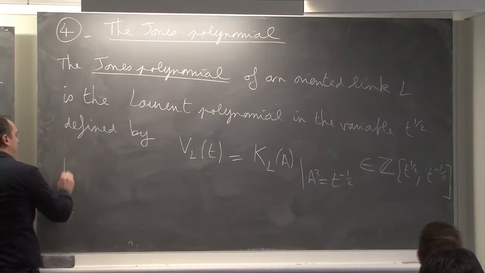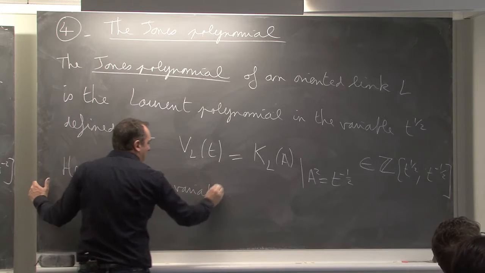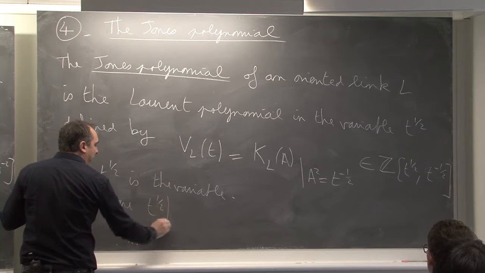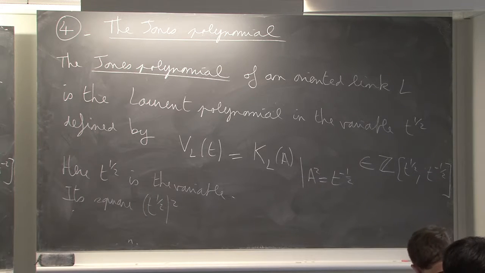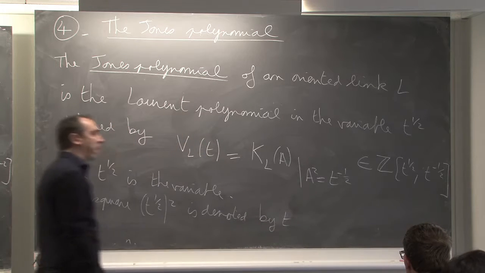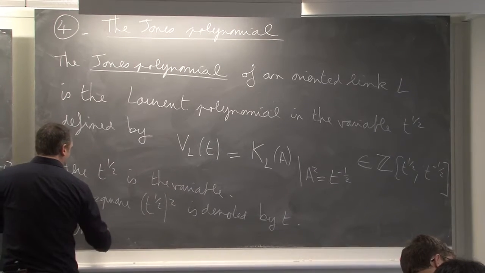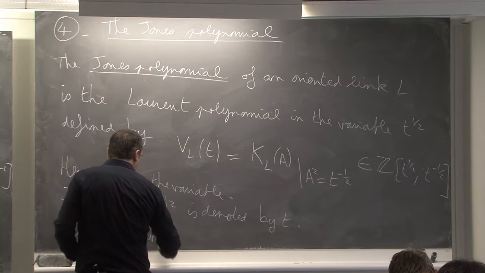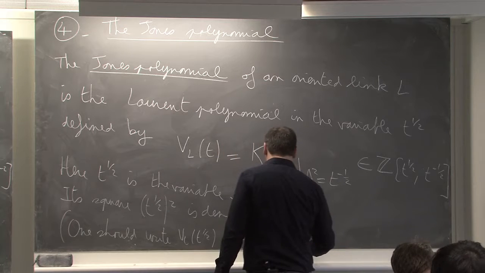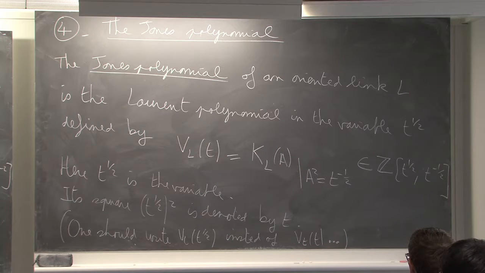Just remark that here T to the 1 half is the variable, and its square is denoted by T. And actually we should write V of L of T to the 1 half squared instead of V of L of T, but it is traditional to have this notation.